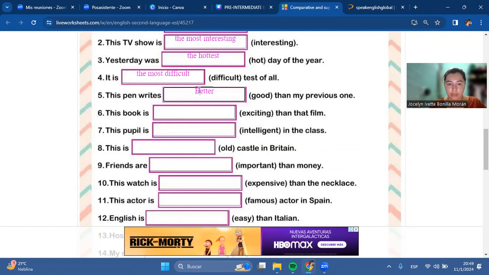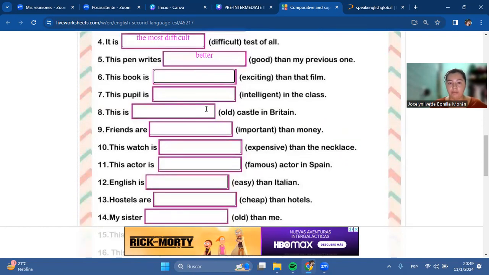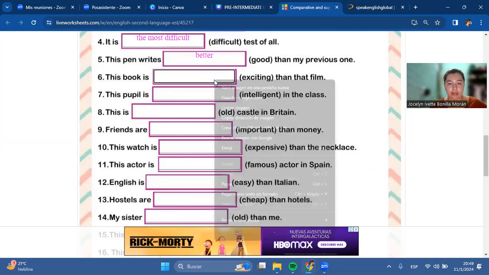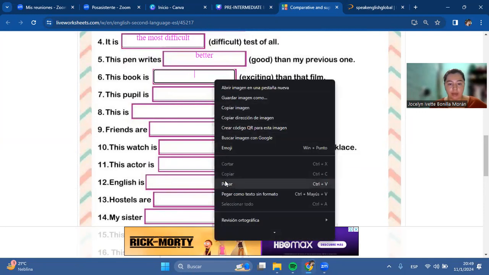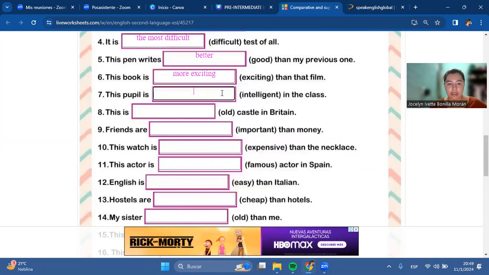Do you remember those irregular ones that we have to memorize because we cannot apply the rule? And what about this? Exciting than. More exciting. Okay. And what about intelligent?